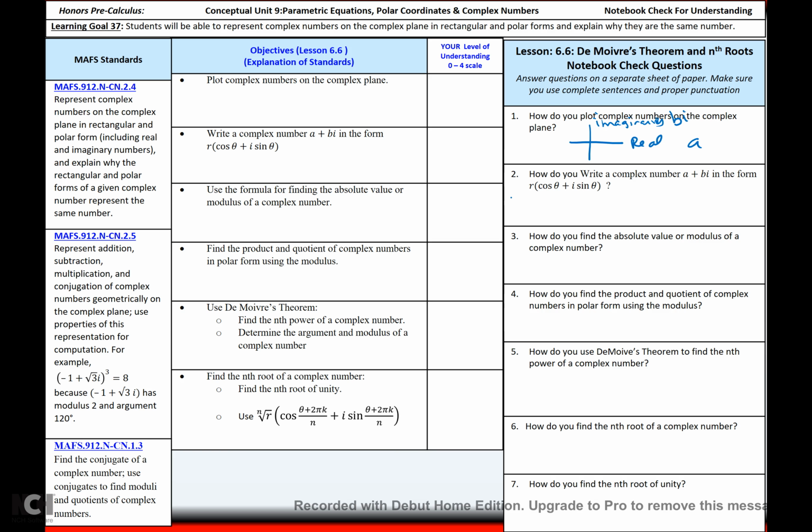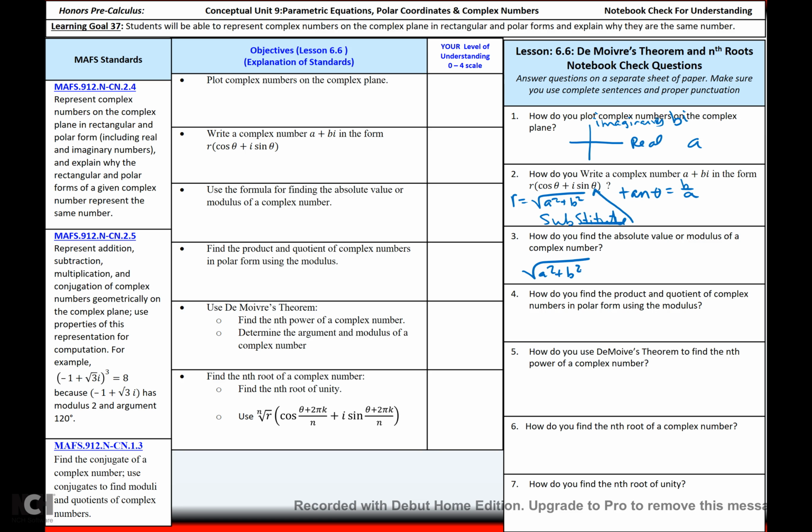You have to find r, which is going to be the square root of a squared plus b squared, and you have to find theta by doing tan theta equals b over a, and then you substitute into the formula. How do you find the absolute value or modulus of a complex number? It's the square root of a squared plus b squared.